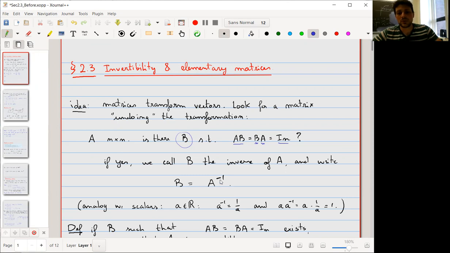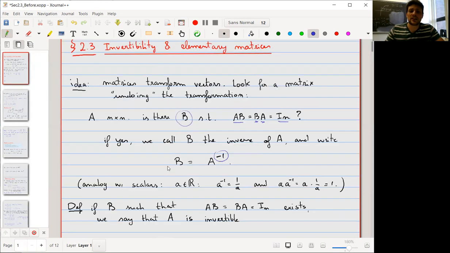The reason why we use this minus 1 comes from the idea that an inverse is kind of dividing by a matrix, as in the real numbers. When I have a real number or scalar, an exponent minus 1 just means 1 over that scalar. And when I multiply A times A to the minus 1, I get exactly 1.